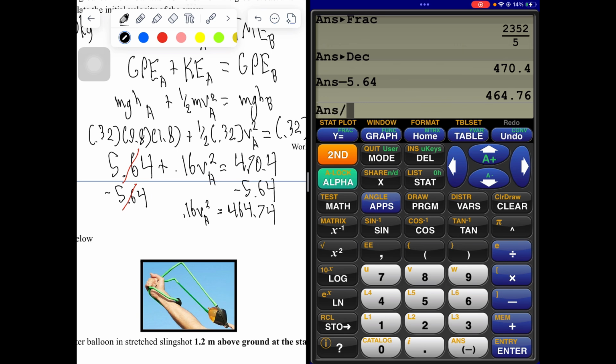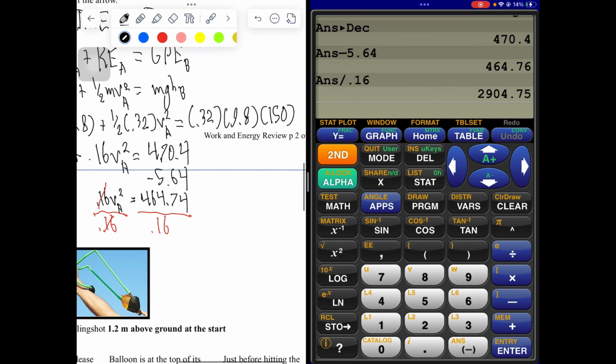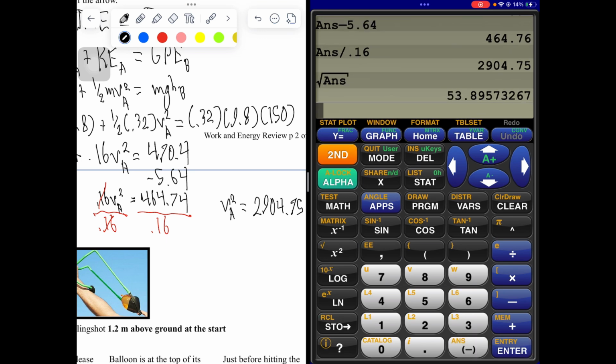Now we just want to go ahead and divide by our 0.16. That cancels it. And now we get the velocity squared is equal to 2,904.75. Last step, take our square root, and we get the velocity.